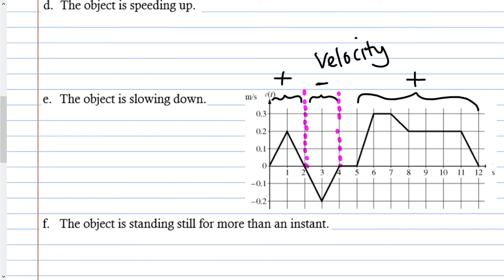Okay, from 4 to 5, velocity is constant. That means the object is at rest. You could put 0, right? Or at rest, whatever. And then from 5 to 12 is just increasing.